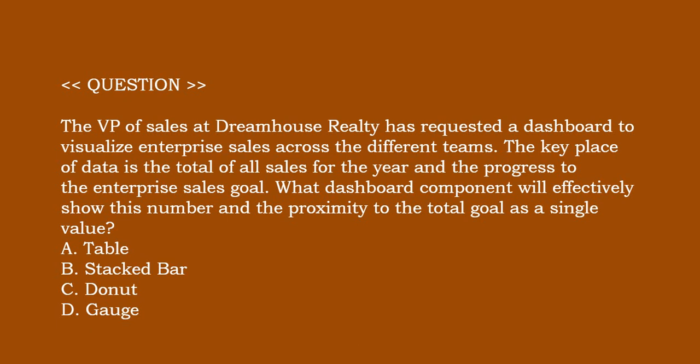Option A, table. Option B, stacked bar. Option C is donut. Option D is gauge. Correct answer is option D.